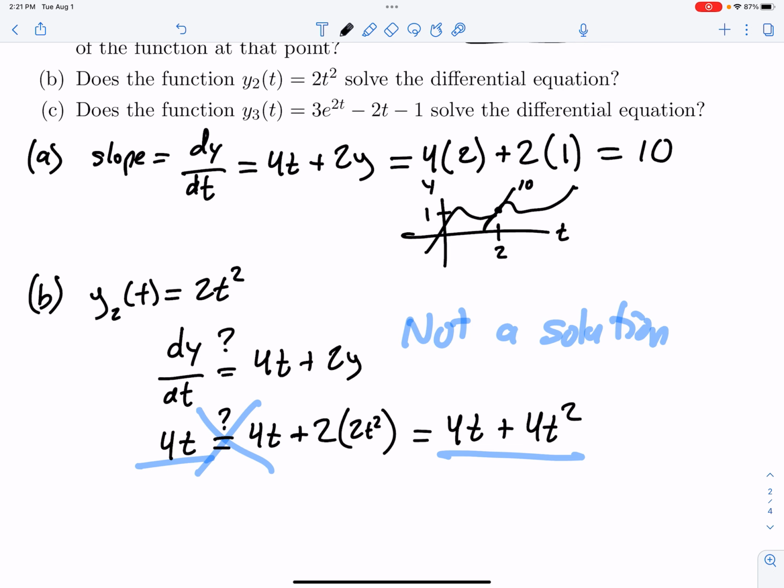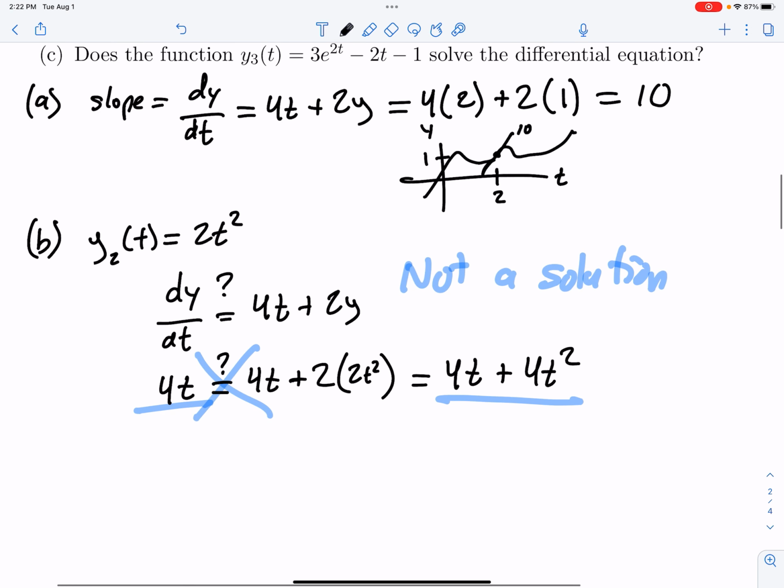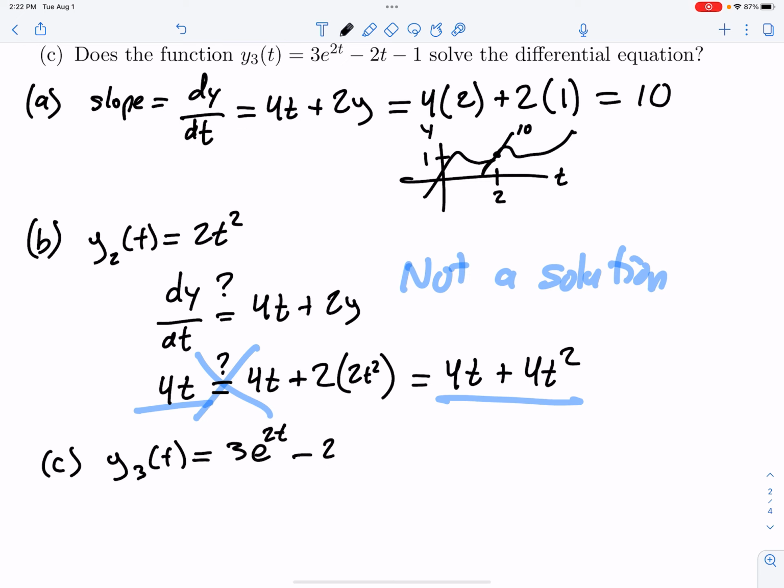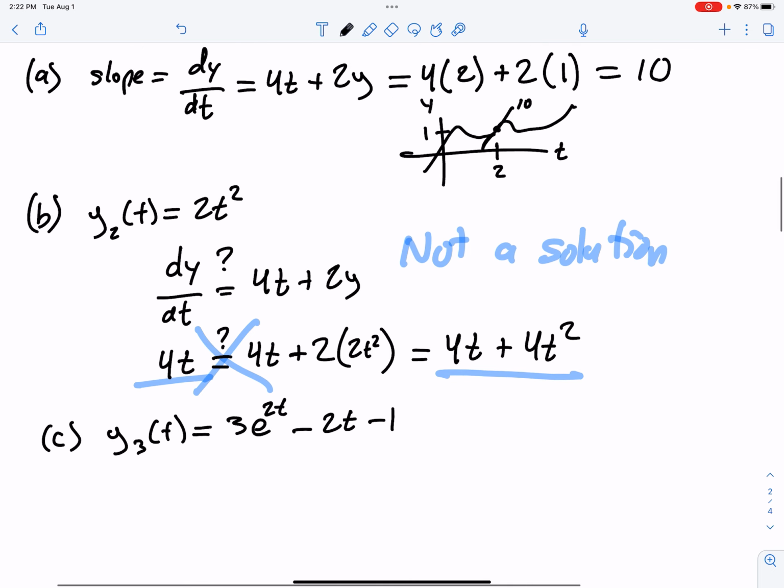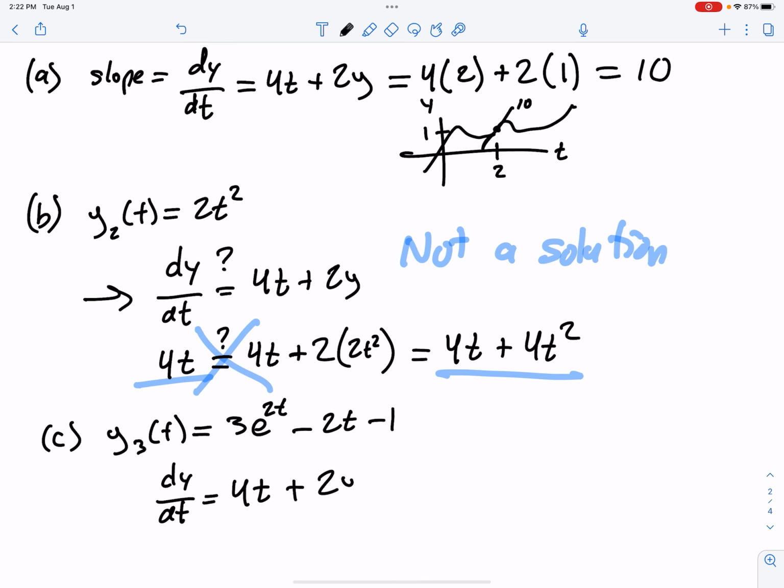All right, and then they gave us part C here. Does the function y3 of t, which is equal to 3e to the 2t minus 2t minus 1, is that a solution? Well, it's the same differential equation, dy/dt has to equal 4t plus 2 times y.